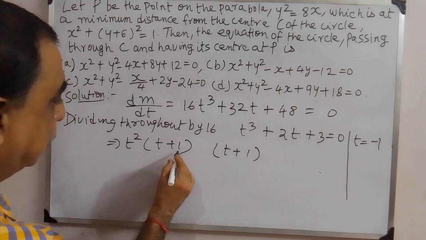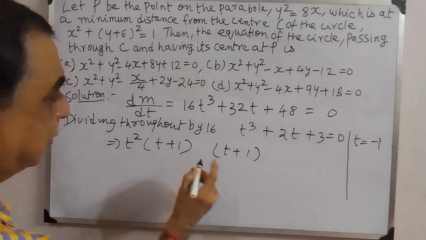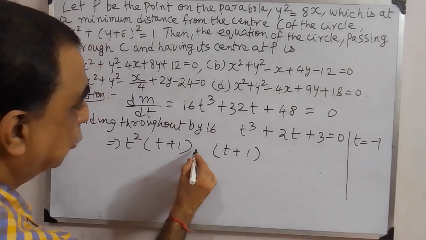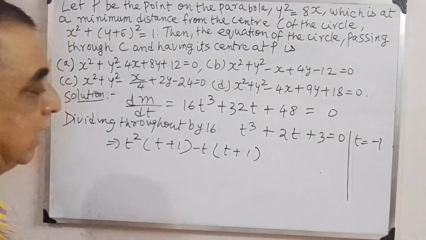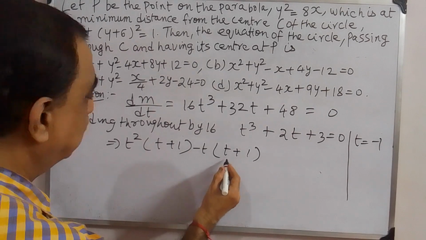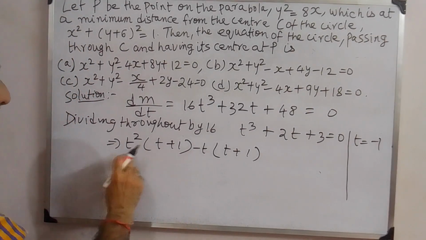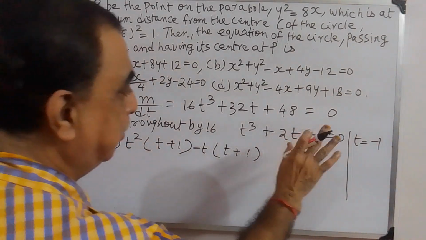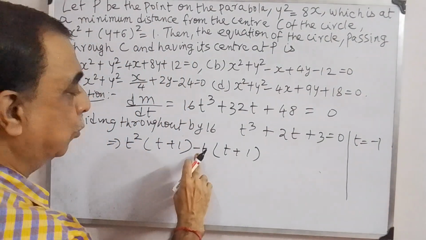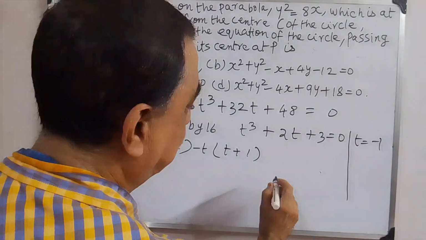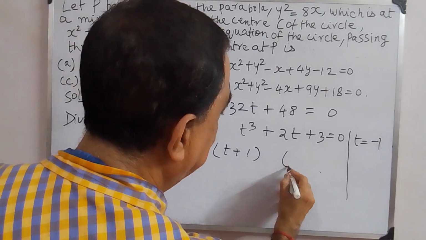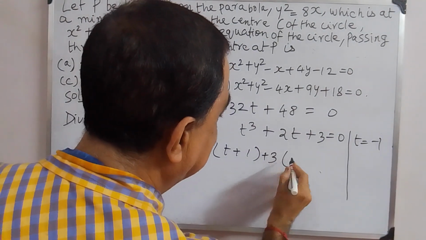Here t squared into 1 is t squared, but there is no t squared, so I have to subtract the t squared. So I am multiplying this with minus t. So minus t into t will become minus t squared, and here plus t squared, so minus t squared plus t squared gets cut out. So minus t into 1 is minus t, but there is plus 2t, so I have to add here 3t.